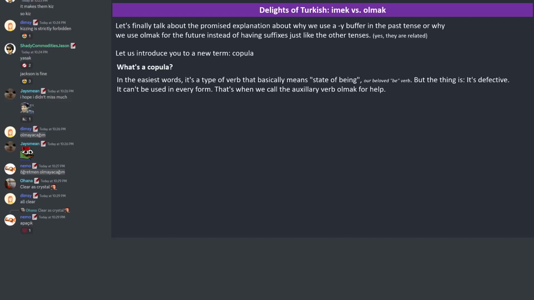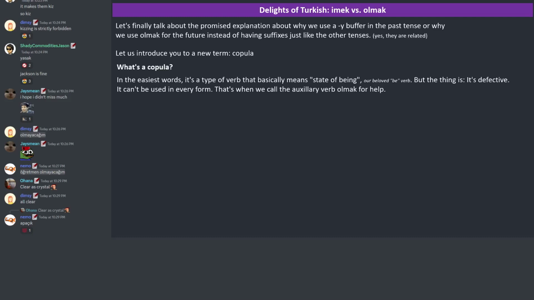In the easiest words, the past tense and present tense use a different thing. The future tense uses a different thing. You can see in the title, imek versus olmak. In most of my lessons, in most of my explanations, I just call them olmak. I put them under one roof to keep them together.